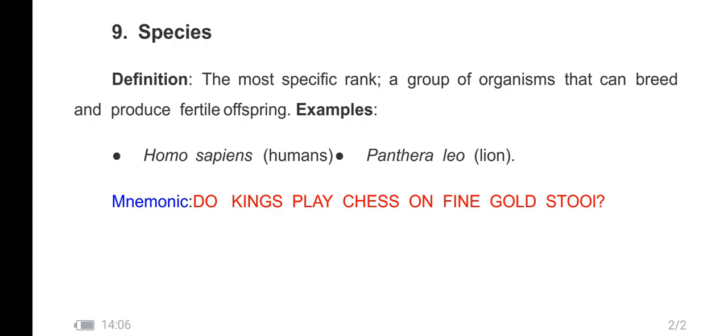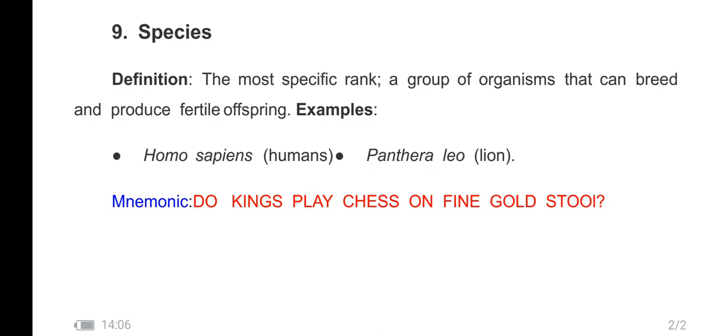That is what characterizes two organisms to be of the same species. They must not only be able to interbreed, but they must give viable and fertile offspring that are able to produce fertile offspring. Like for example, we have the Homo sapiens, which we might call the humans.